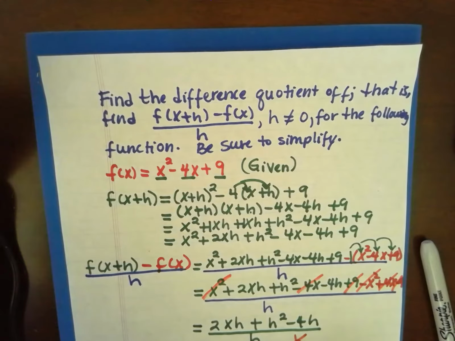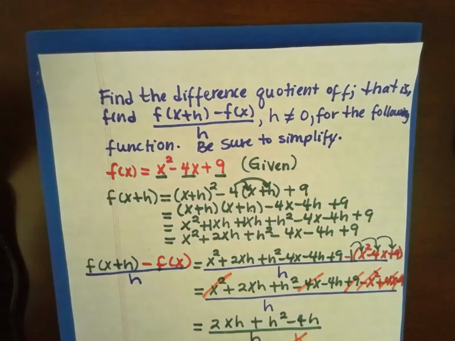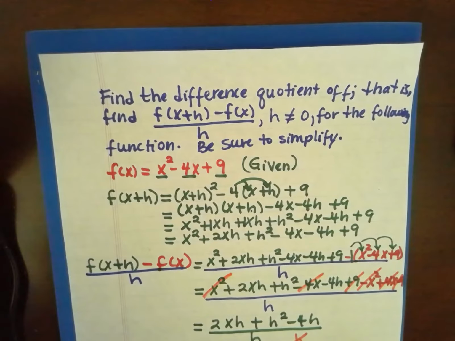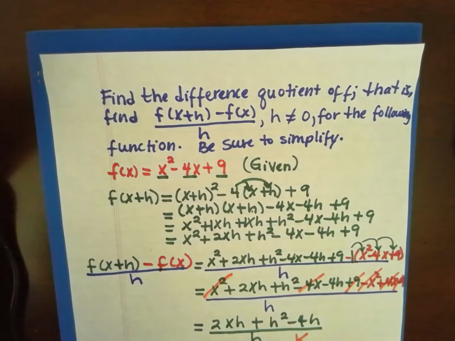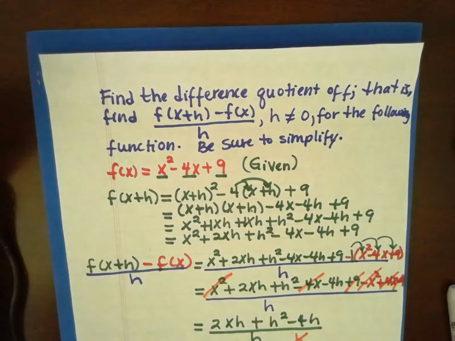So h divided by h will simplify to 1, and then you will have 1h left. So after we simplify all this, our final answer is 2x plus h minus 4. So this is your final answer when you're finding the difference quotients of trinomials.